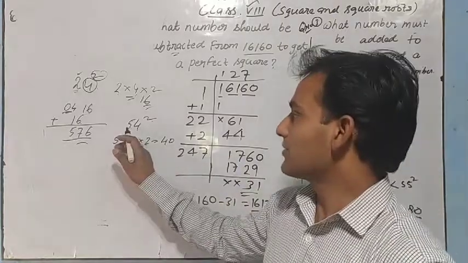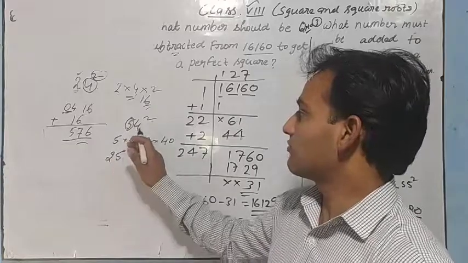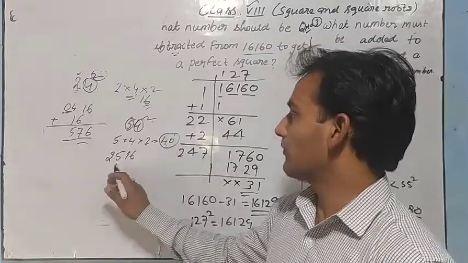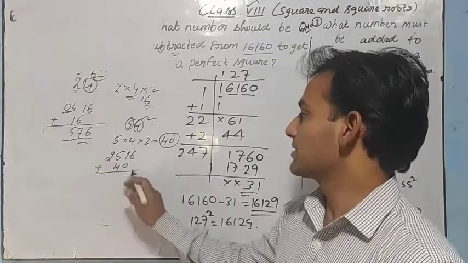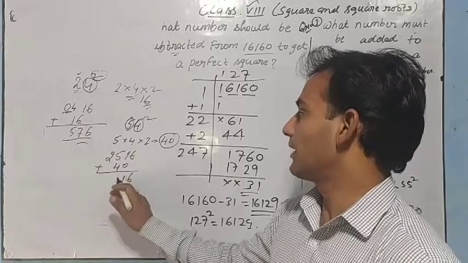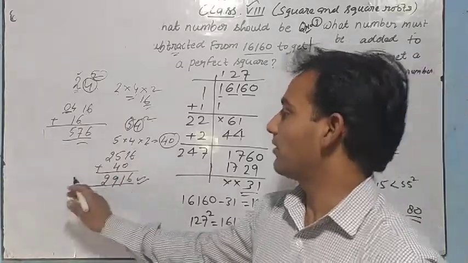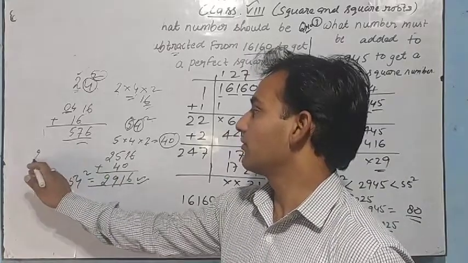Now this 5 we have, square of 5 we know is 25, square of 4 we know is 16, and this total 40 we have to add after leaving one term. Now add this: 6, 1, 5, 4, 9 and 2. 2916 is the square of 54.